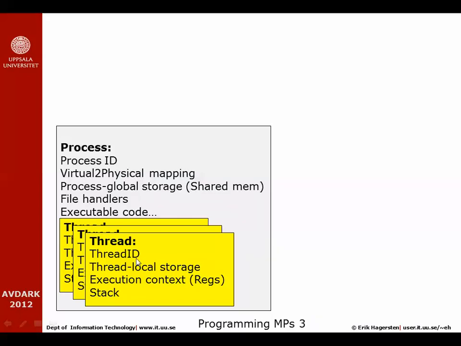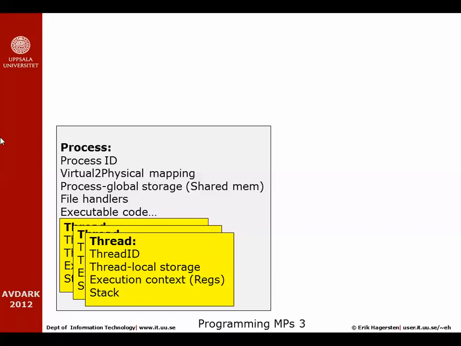When you create a thread, you possibly create some thread local storage if that's necessary. Otherwise, you just set up a new execution context and a new way of handling the stacks, which is private to this thread. So creating and killing a thread is a very lightweight process.